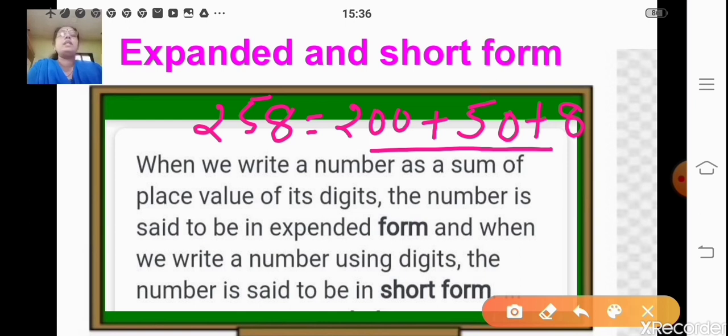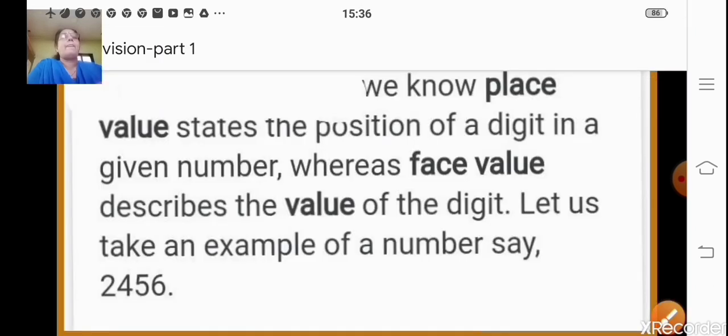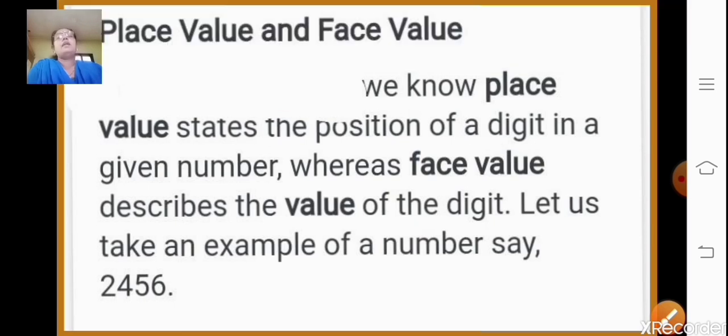Whereas if I write only the number, it is said to be in short form or standard form. When we write the number using the digits, it is in short form. When you write it as a sum of the place values of its digits, it is in expanded form.